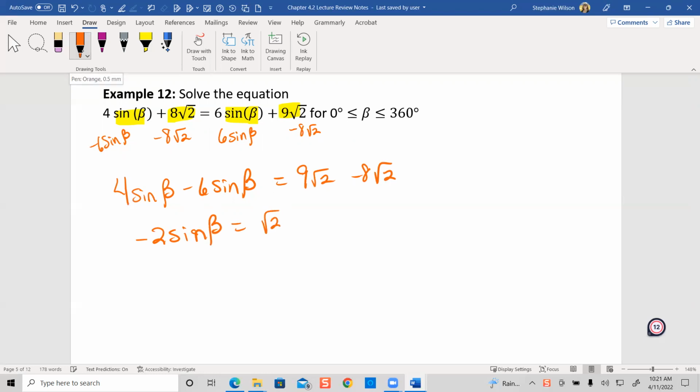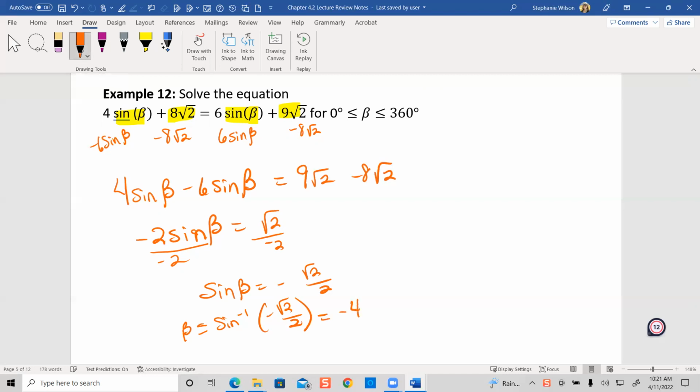Now I want to get sine beta by itself, so I'm going to have to divide by that negative 2. So now I got sine beta is equal to negative square root of 2 over 2, and I'm going to take its inverse. When I take its inverse, I find that beta is negative 45 degrees. Sine is odd.